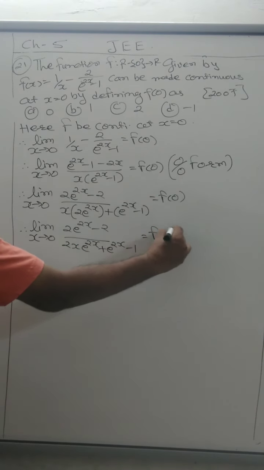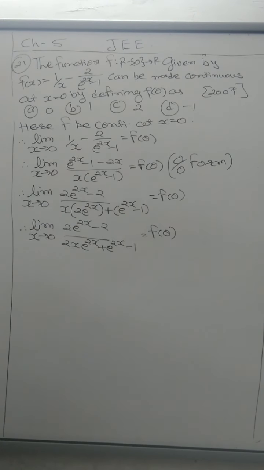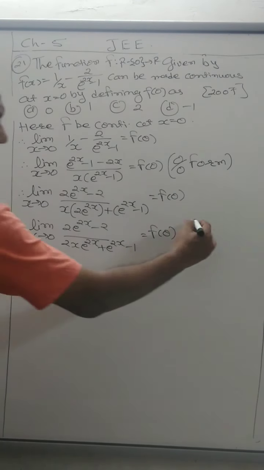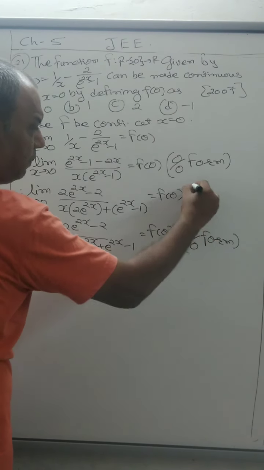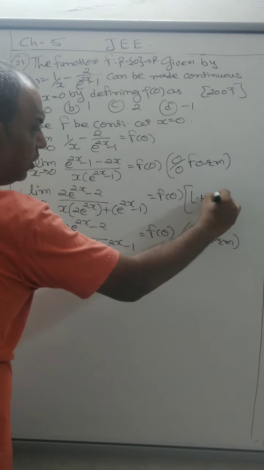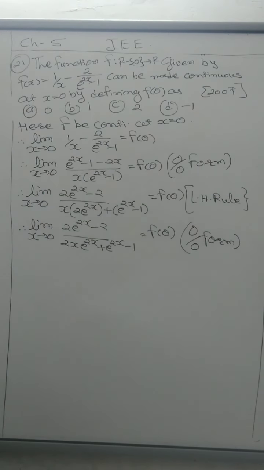Now limit x tends to 0 of (2e^(2x) - 2) / (2x e^(2x) + e^(2x) - 1) is f(0). Now again we put the limit, then again we get 0/0 form, and here we apply L'Hospital rule. Remember this thing very carefully.